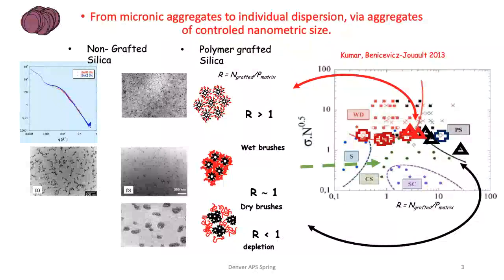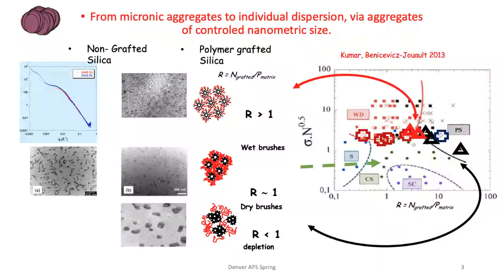The dispersions were first characterized by the scattering curve, so logarithm of the scattering versus logarithm of the scattering vector, both in X-ray in blue here and in neutron scattering in red, and both agreed together. We also succeeded in doing some electron microscopy, and we could see a good agreement between the two.